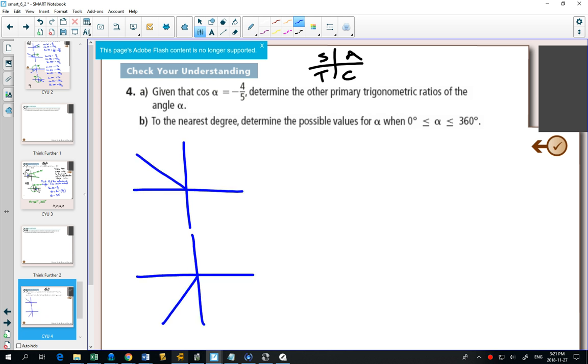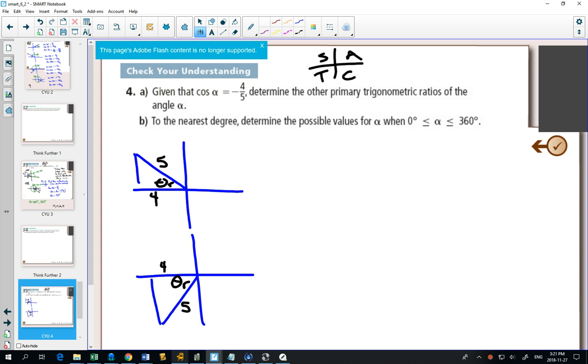You draw an angle in quadrant 2 and quadrant 3, and label your reference angle back to the nearest x-axis for both. Since cos is adjacent over hypotenuse, you can label the adjacent side as 4 and the hypotenuse as 5.